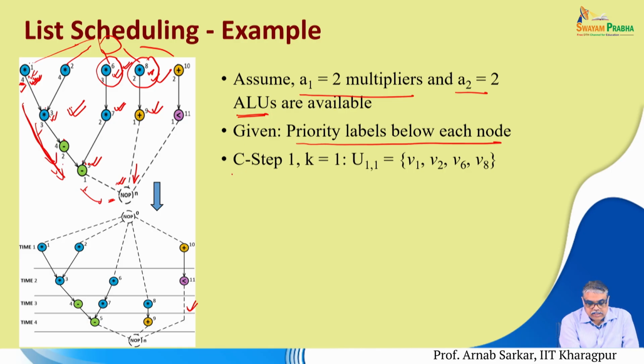So, see step 1 or L equals 1. The first type of resource, let us say k equals 1 represents multiplication, the multiplier.